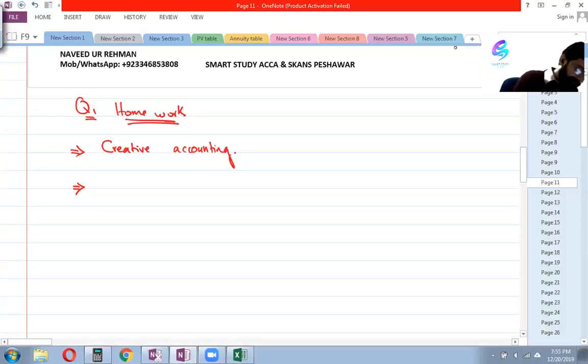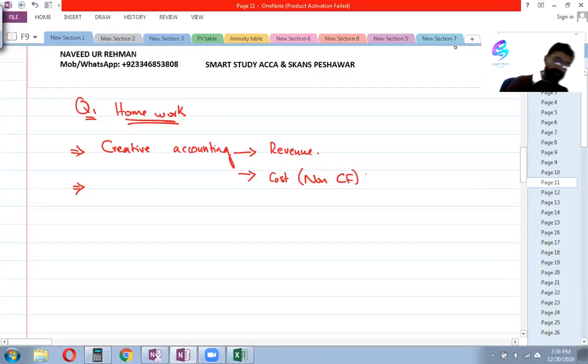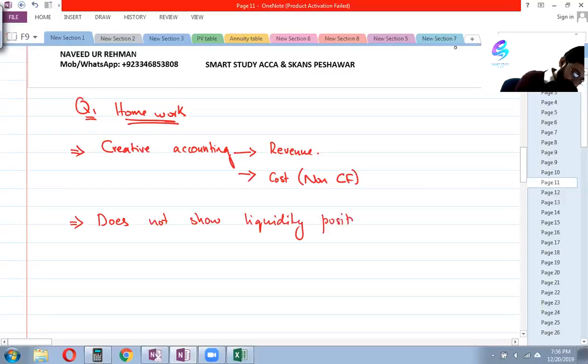So you can talk about revenue, which can be manipulated, and the costs, especially the non-cash flow ones. And the second factor was that it does not show you the liquidity position.